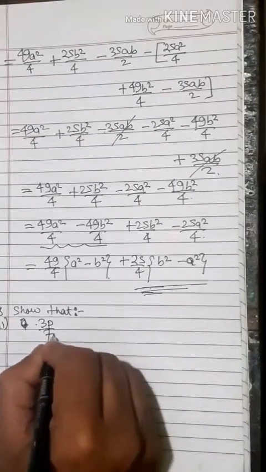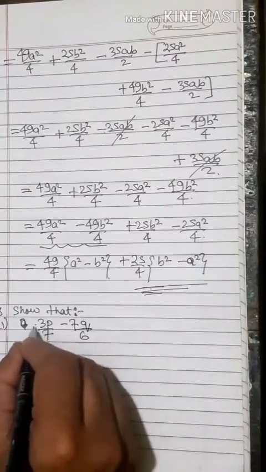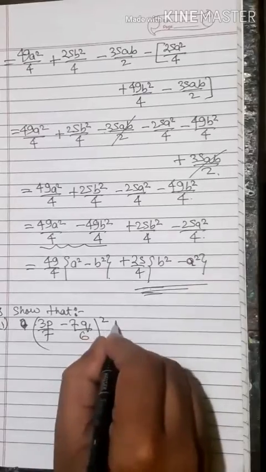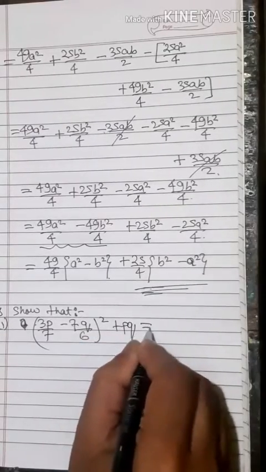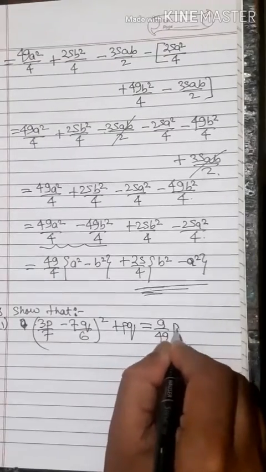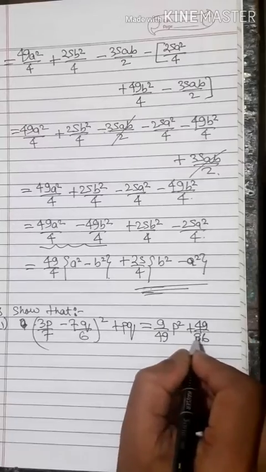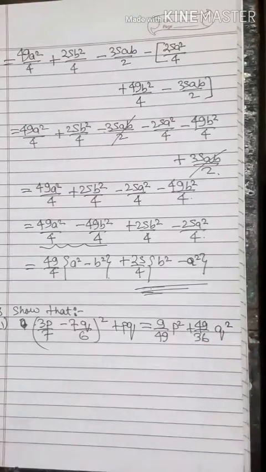(3p by 7 minus 7q by 6) whole square plus pq is equal to 9 by 49 p square plus 49 by 36 q square.